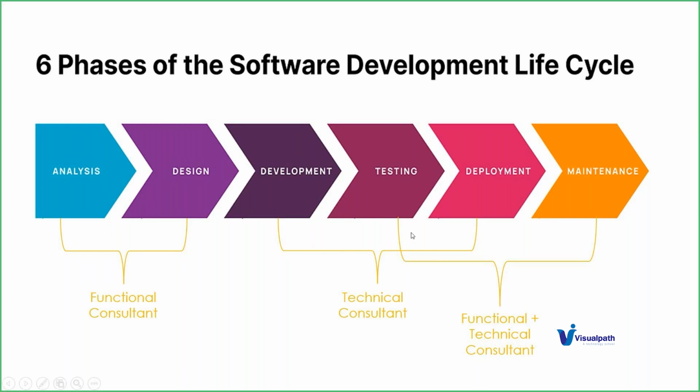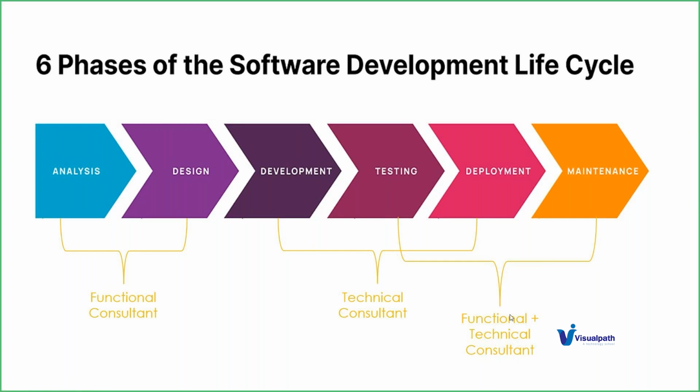In the maintenance phase, the first point of contact will be the functional consultant, and if it requires technical support, we will take the support of the technical consultant also. That's why these two phases will be handled exclusively by the functional consultant, and these three phases will be handled by the technical consultant. But in testing, deployment, and maintenance, the functional consultant also plays an important role in completing the project.